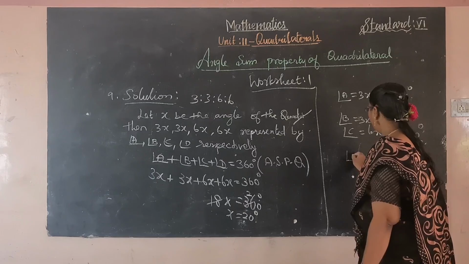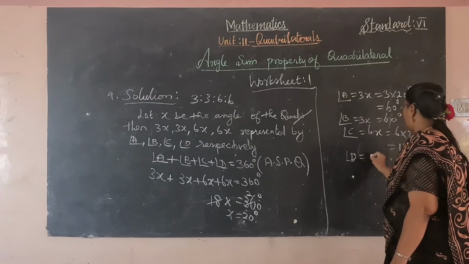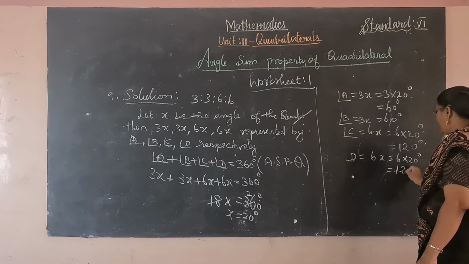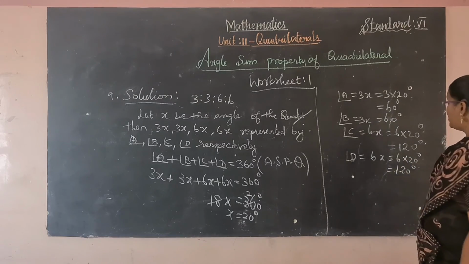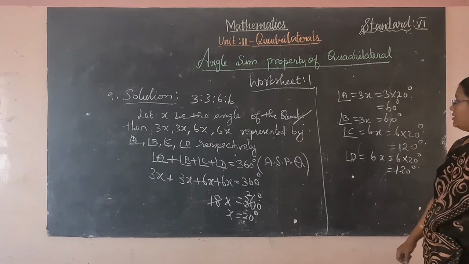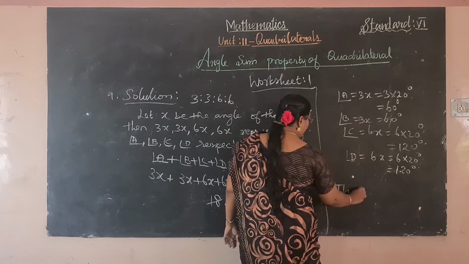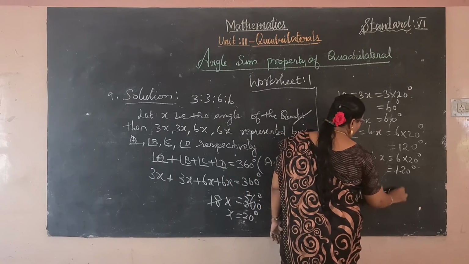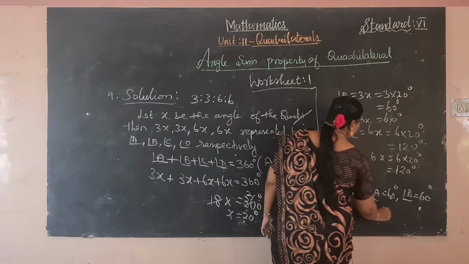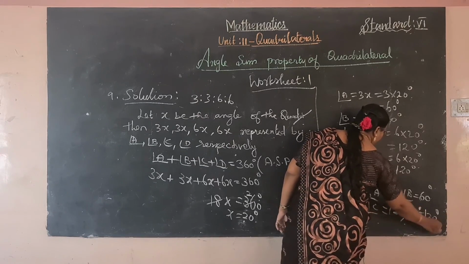And angle D is equal to 6x, equal to 6 into 20, equal to 120 degrees. The sum of these 4 angles gives 360 degrees. Thus angle A is 60 degrees, angle B is 60 degrees, angle C is 120 degrees, angle D is 120 degrees.